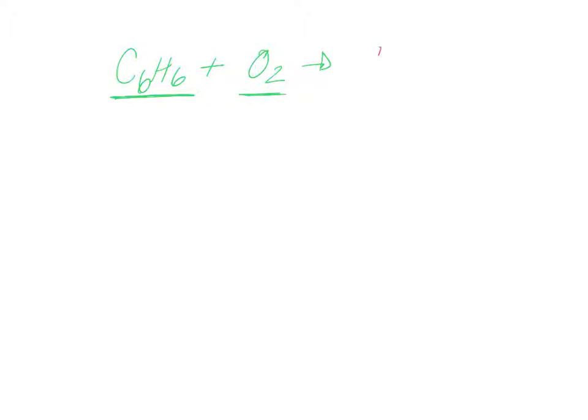So you should be writing out CO2 and H2O as the products. Okay, and then see if you can get it to balance. So if you need to pause the video now, go ahead and pause the video. Make your little chemistry bookkeeping lists and see if you can get it to balance first.